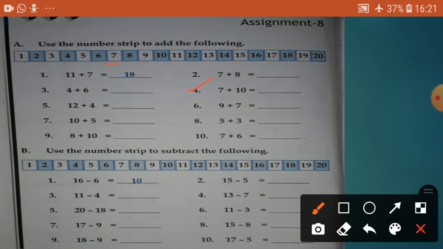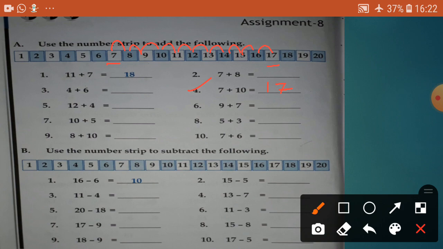So now I am going, 1 step, 2, 3, 4, 5, 6, 7, 8, 9, 10. So your answer is 17. I write here for number 4 the answer 17.